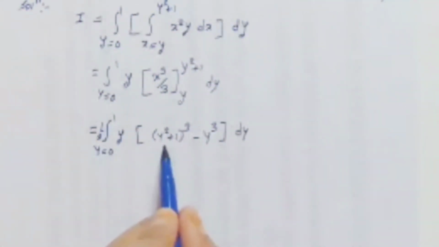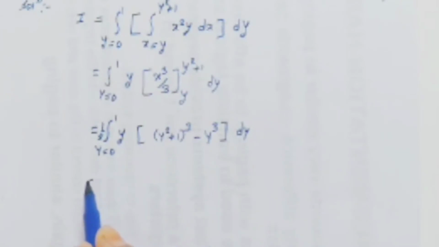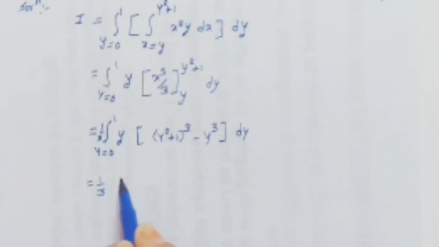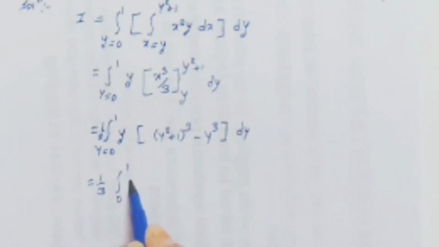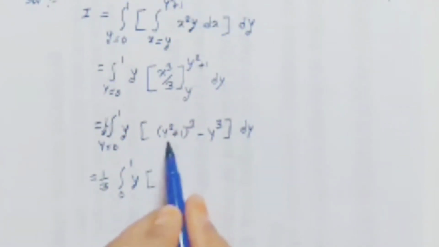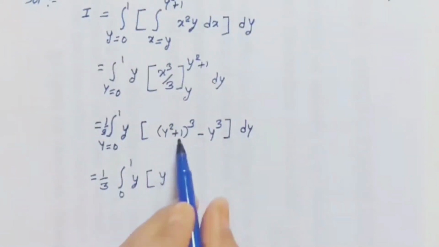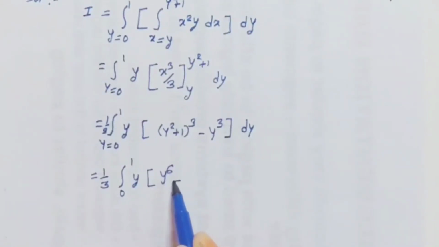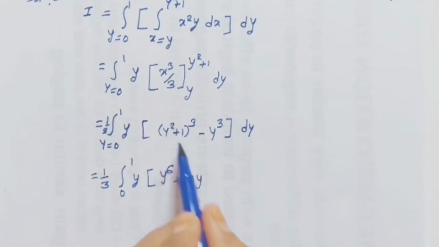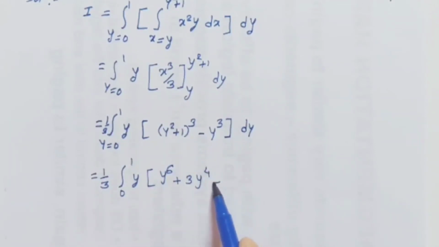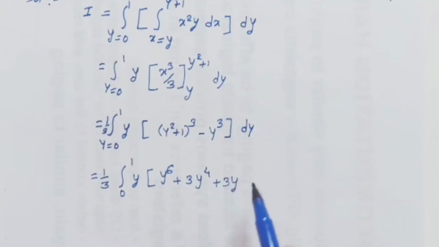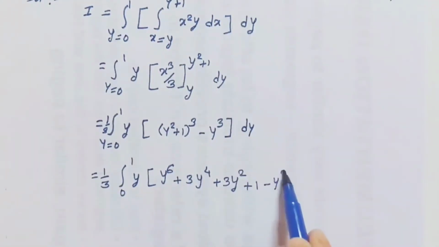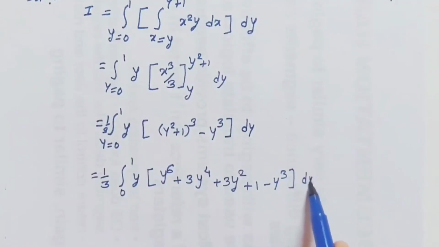If we use the formula a plus b bracket cube, then see, 1/3 as it is, integral 0 to 1, y as it is. Here if we apply the formula, then it is a cube, that is y square cube, which is y to the power 6, plus 3 times a square, so a square means y raised to the power 4, plus 3 y square plus 1 minus y cube into dy.